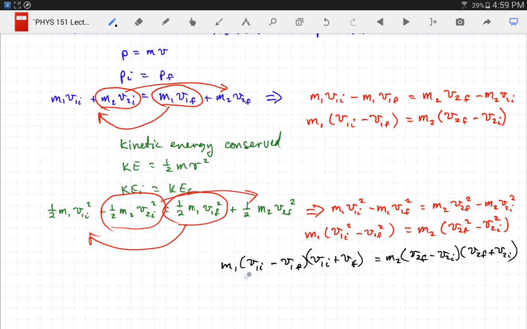If you take this and multiply through using what I have learned to call FOIL, you'd have v1 initial times v1 initial is v1 initial squared. Minus v1 final times v1 final is minus v1 final squared. v1 initial times v1 final minus v1 final times v1 initial, those terms add up to 0, so they're equivalent.